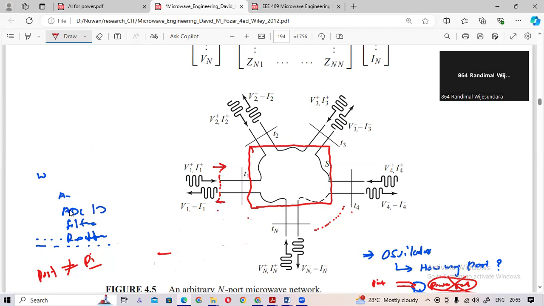This is the port number, and plus or minus will denote whether it is a forwarded signal or a reflected signal. So there are two voltages and two currents we can mention.